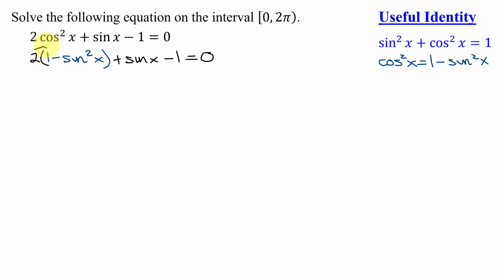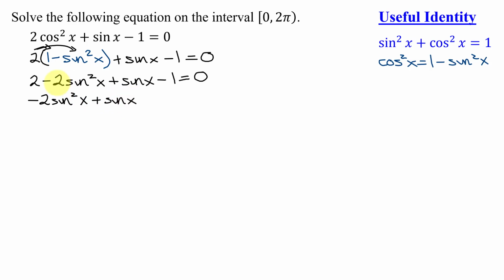So simplifying, distribute in the 2. 2 times 1 is 2. 2 times negative sine squared x is negative 2 sine squared x plus sine x minus 1 equals 0. Collecting up like terms and writing in descending order, negative 2 sine squared x plus sine x, and then I have 2 minus 1, which is just plus 1, equals 0.